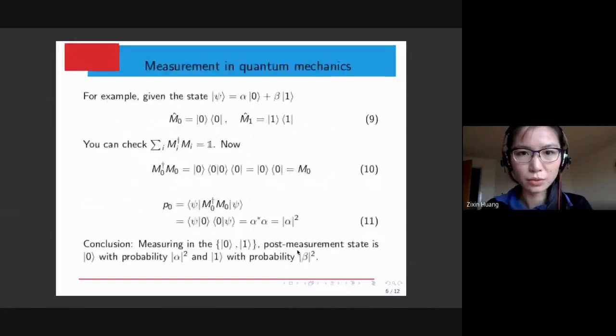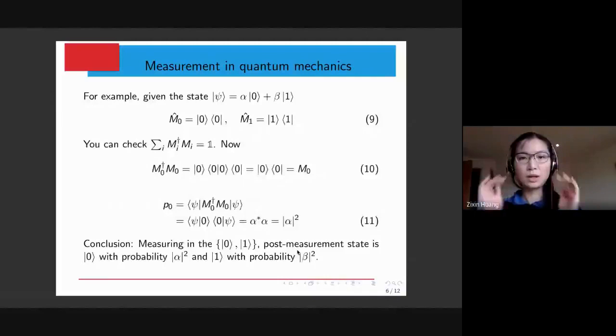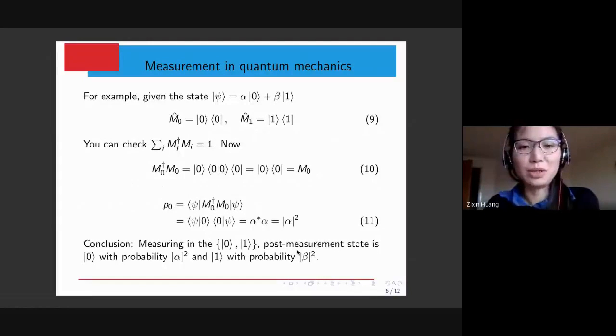For example, once again using our beloved state psi, alpha 0 plus beta 1, we can perform a projective measurement. That will look like those two elements in equation number 9. This means we're measuring whether the state is occupying 0 or occupying 1.